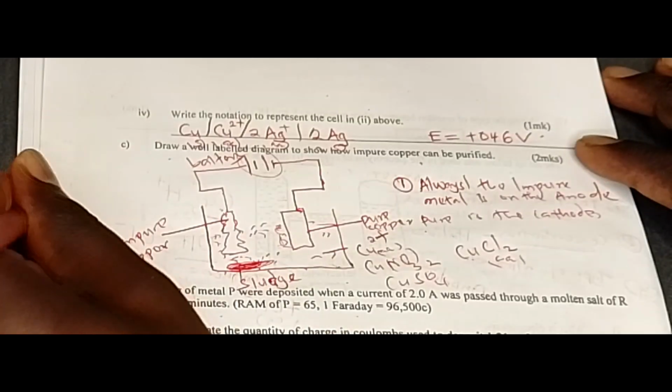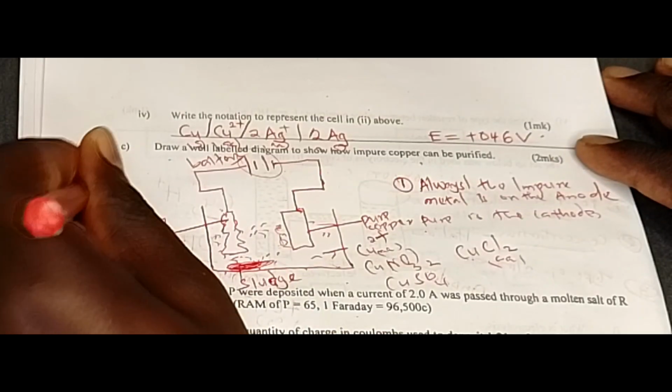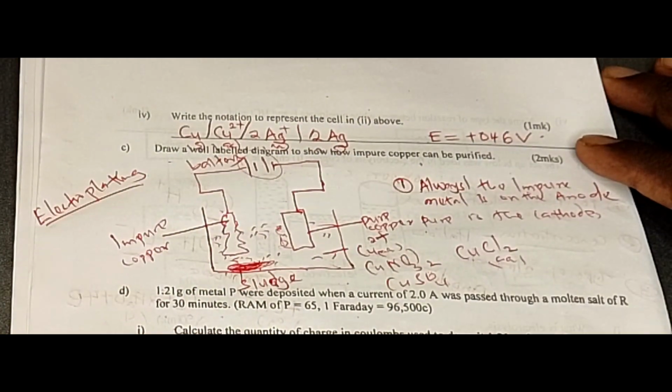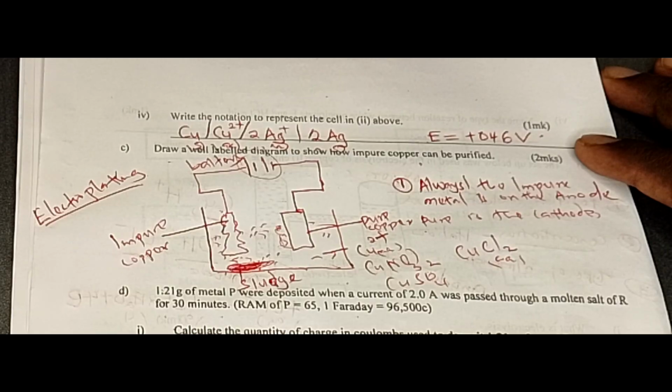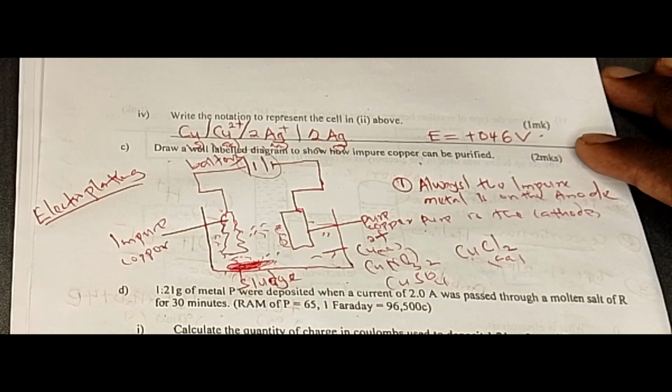When we are doing electroplating, remember we said that we have two reasons for electroplating substances. Number one is to make them look attractive.